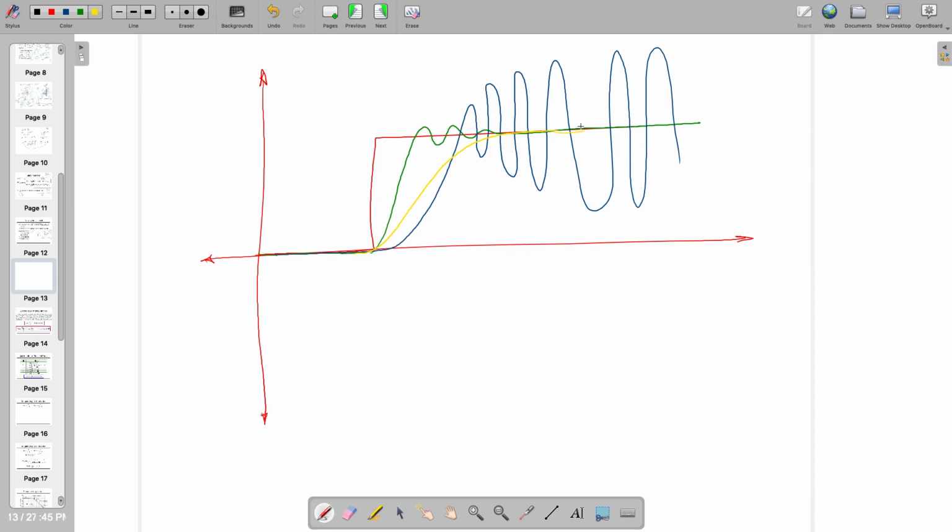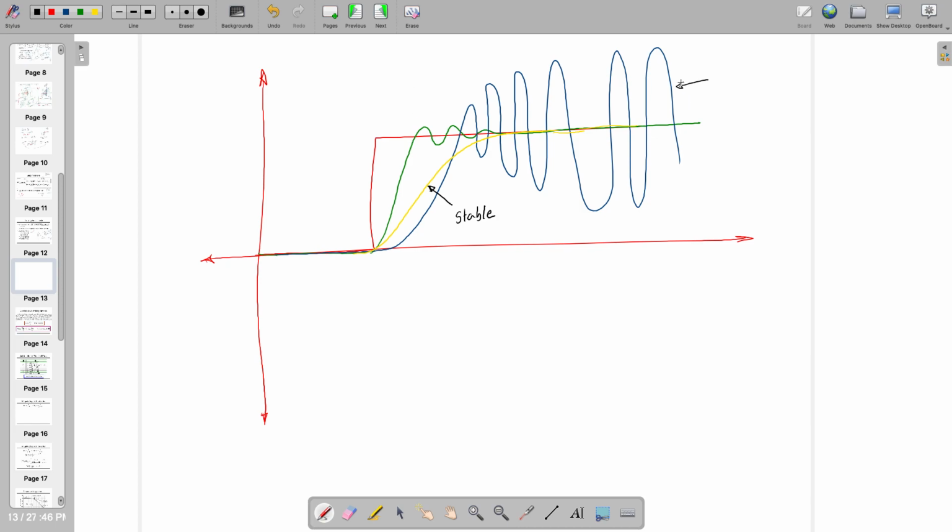Is the yellow color visible? On my screen it's not visible. Okay, so there are three possibilities. The first possibility, which I have drawn at the end in yellow color, is called a stable system, purely stable, no problem.